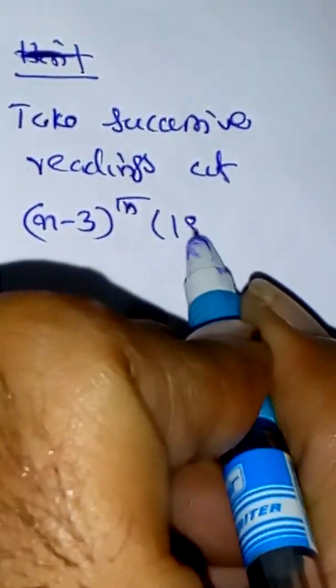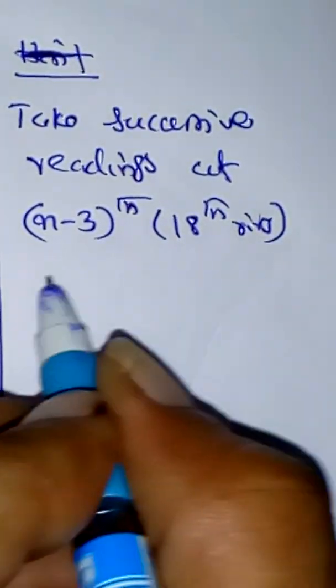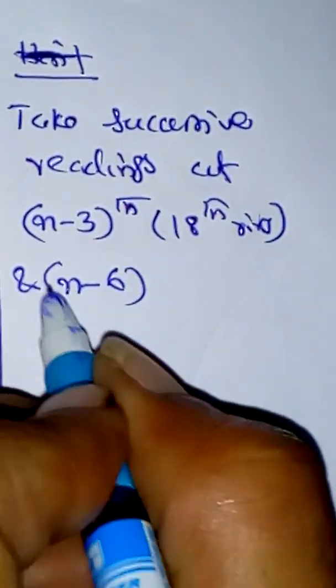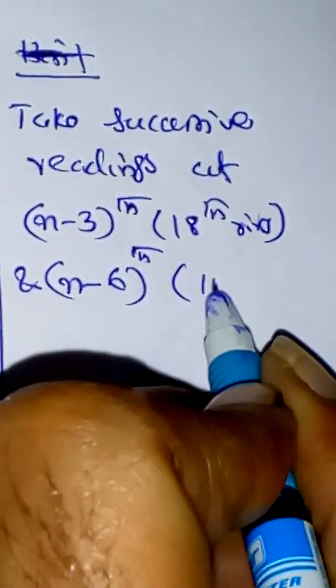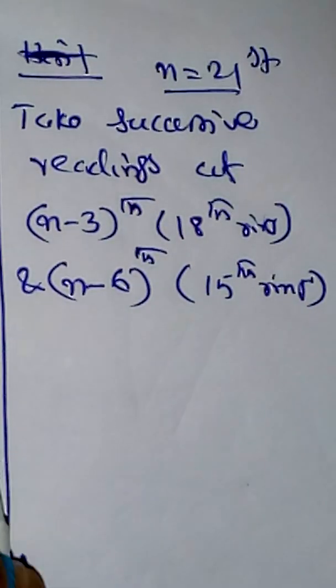Third ring means this is the 18th ring. And n minus 6 means this is the 15th ring, because we are taking n as the 21st ring. 21st ring means extreme n, etc.